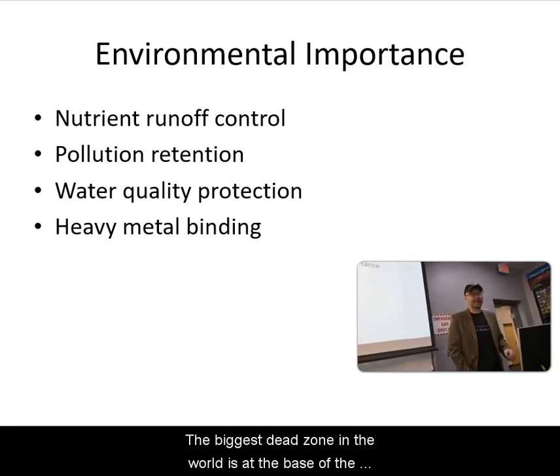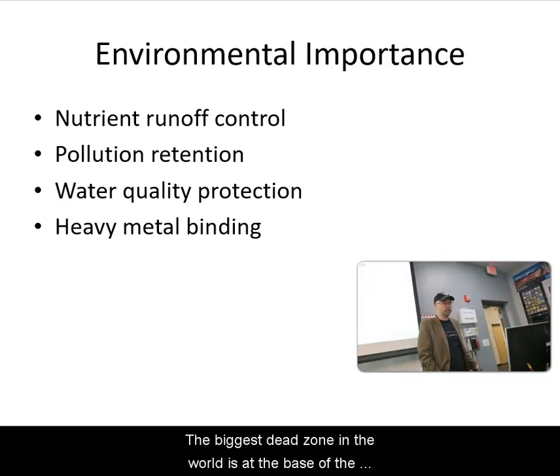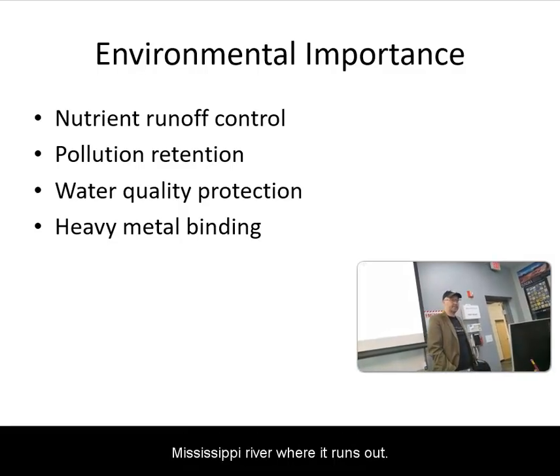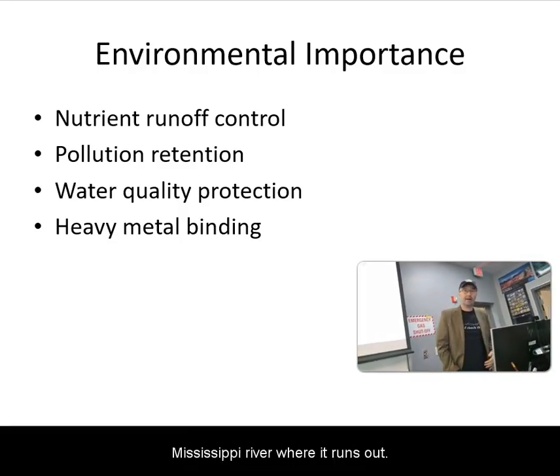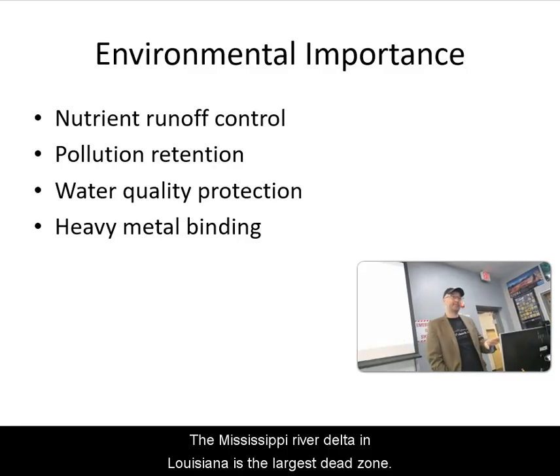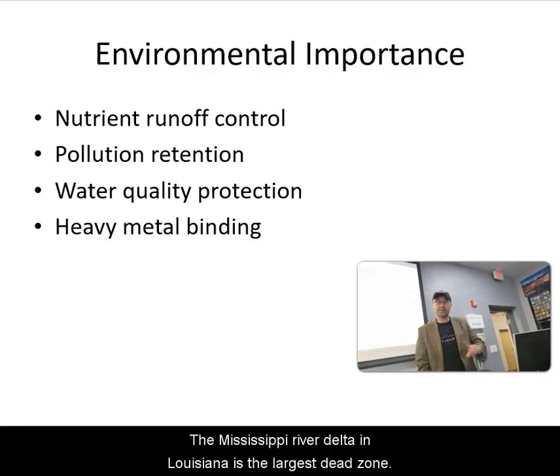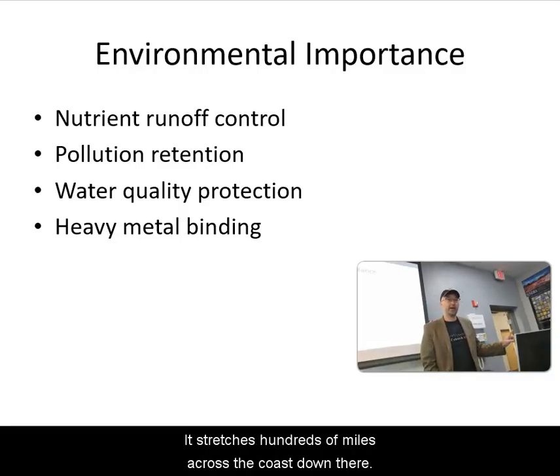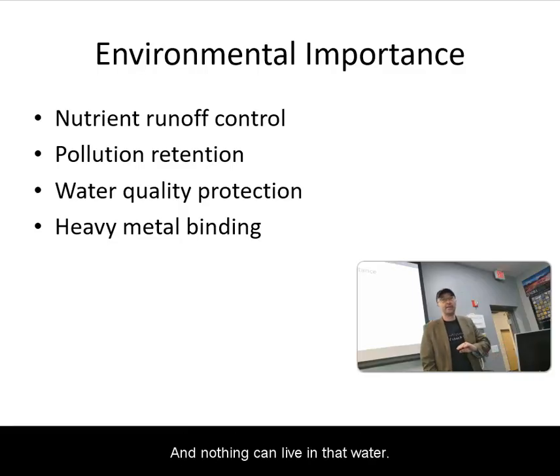The biggest dead zone in the world is at the base of the Mississippi River, where it runs out. The Mississippi River Delta in Louisiana is the largest dead zone. It stretches hundreds of miles across the coast down there, and nothing can live in that water.